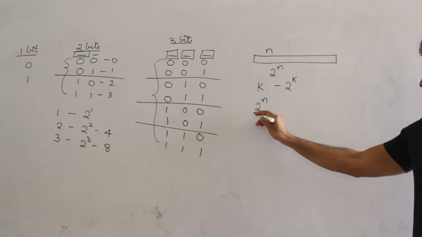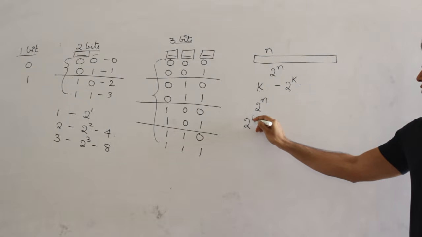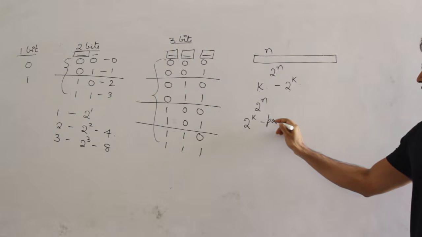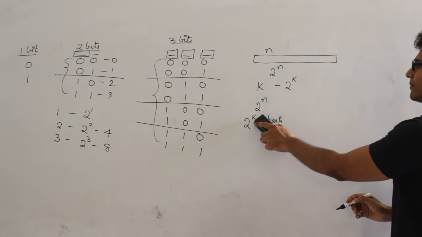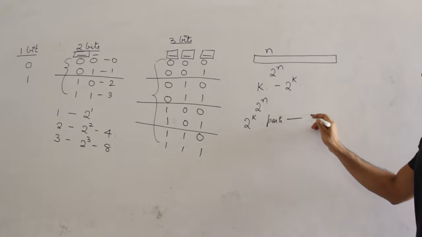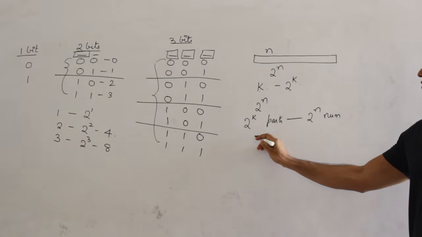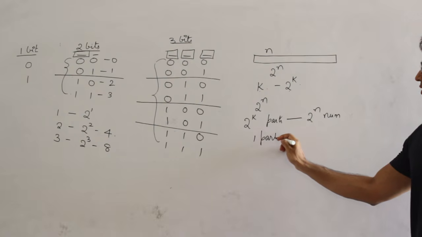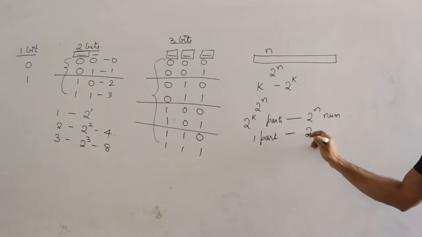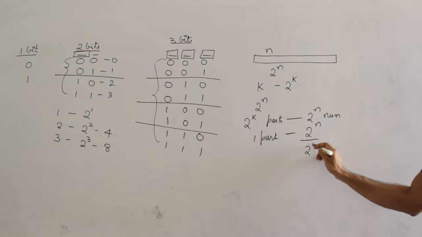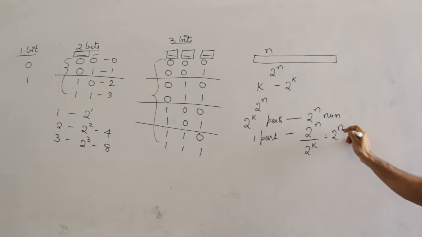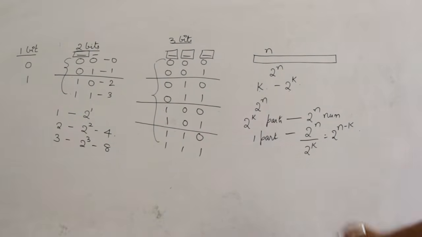Therefore, what is the size of each part? We have 2 power k parts which contain a total of 2 power n numbers, isn't it? Then what will be the size of each part? Each part size will be 2 power n divided by 2 power k, which is nothing but 2 power n minus k. So this is important.